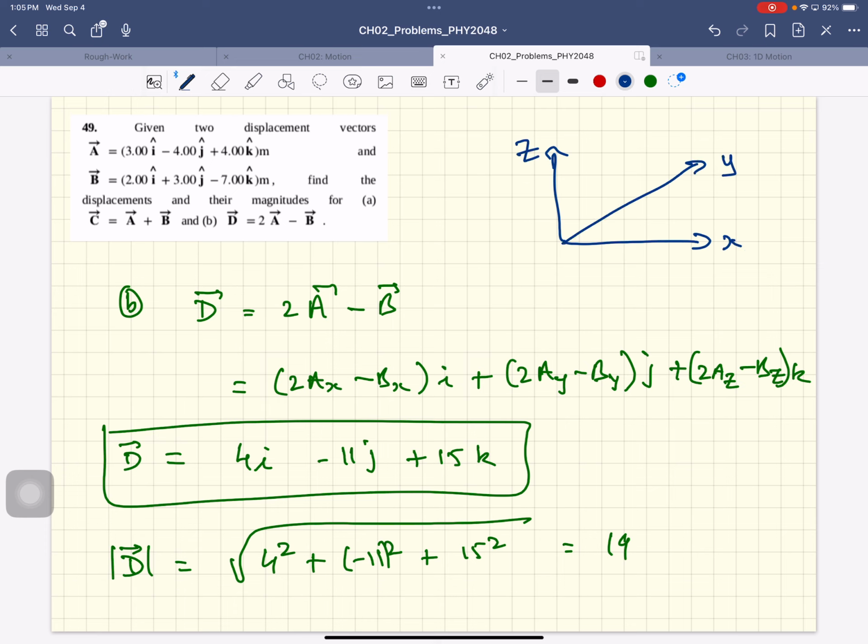Here is a right-handed coordinate system, and this vector has a positive x component, negative y component, and positive z component. So D is pointing somewhere like that, and so you would need two angles.